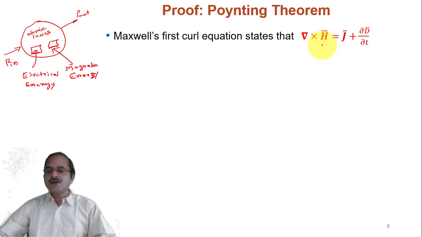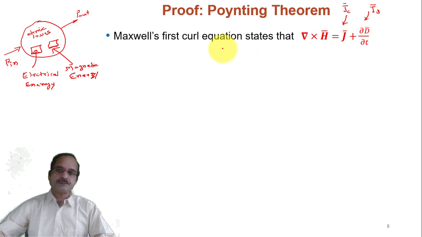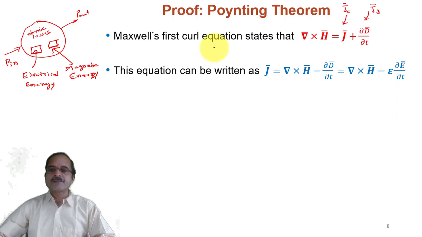So this is curl of H is equal to J plus dD by dt. So we have seen earlier this J is the conduction current density, and this dD by dt is the displacement current density. This we have discussed in detail in some of the previous videos. So we'll start with this Maxwell equation.